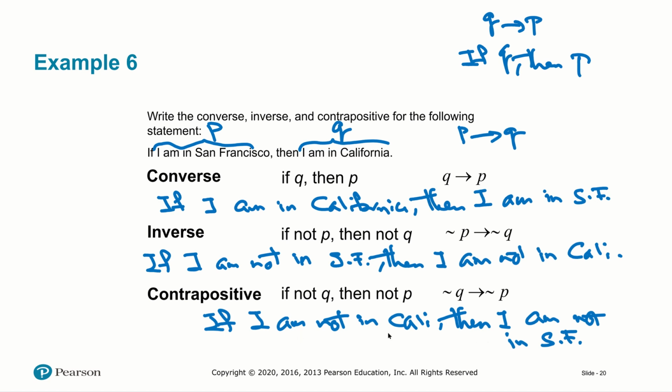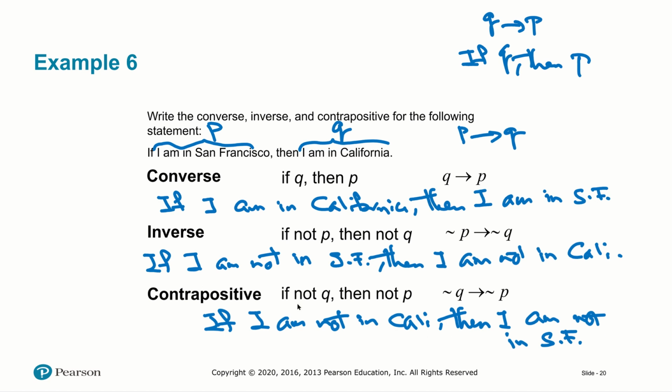How about this one? If I am not in California, then I'm not in San Francisco. All right, well, you have to be a little bit careful here because there are actually 4 San Franciscos in the United States, I believe, at least, but there are more across the world as well. But let's for a minute assume that we're talking about the San Francisco, right? The one and only, the big apple, right?